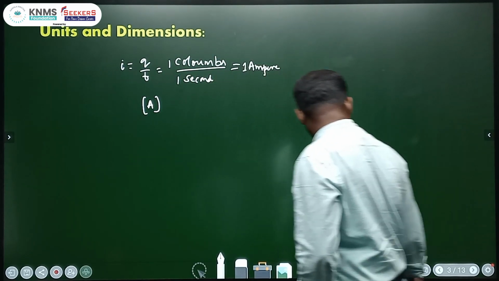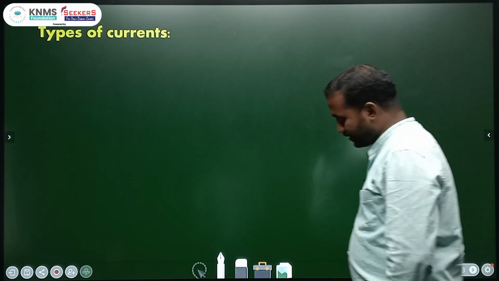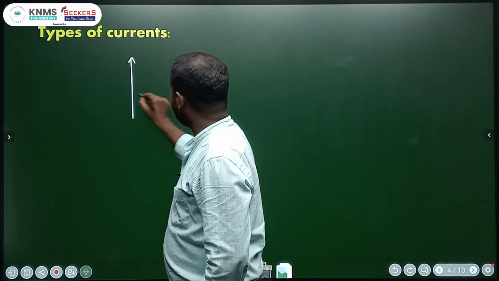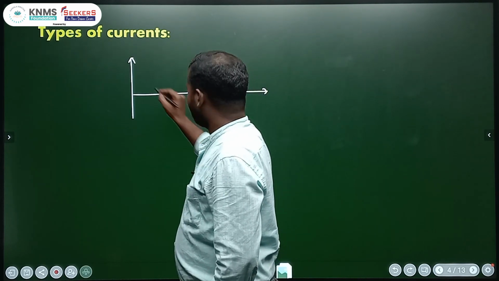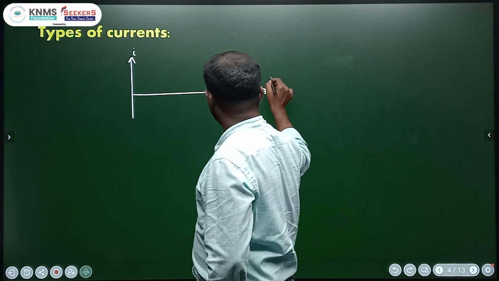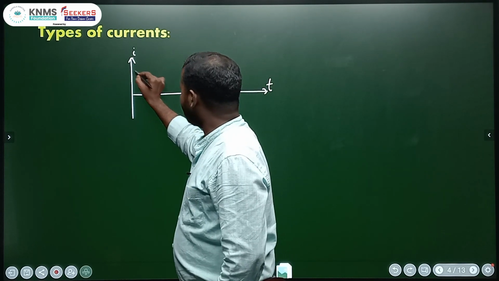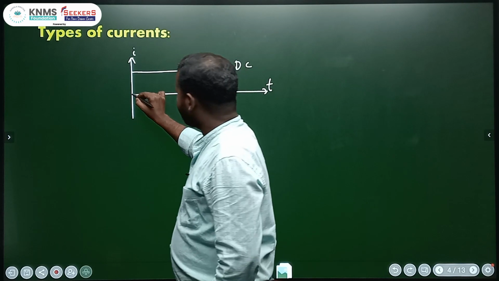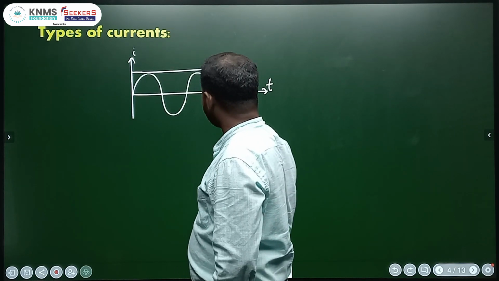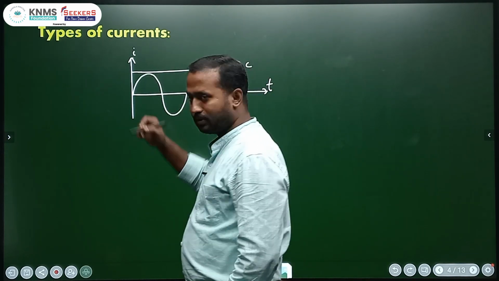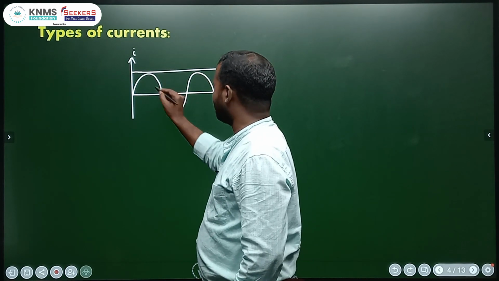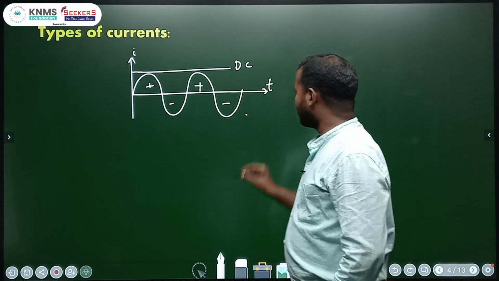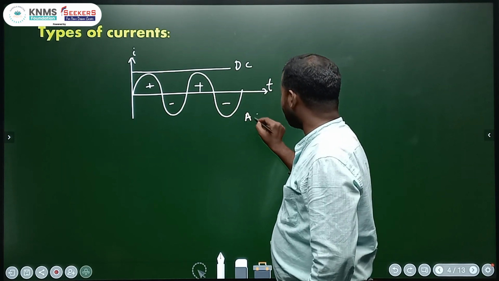Now let us talk about types of currents. We have two different types of currents in our syllabus. If current as a function of time is a constant, we can call it DC. If current is changing its polarity at regular intervals of time, from positive to negative and so on, we call such current alternating current.